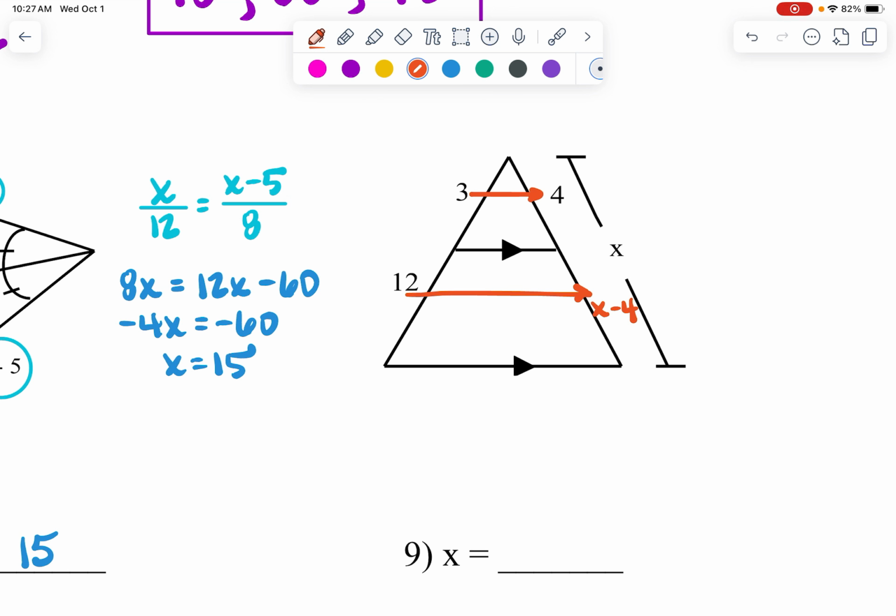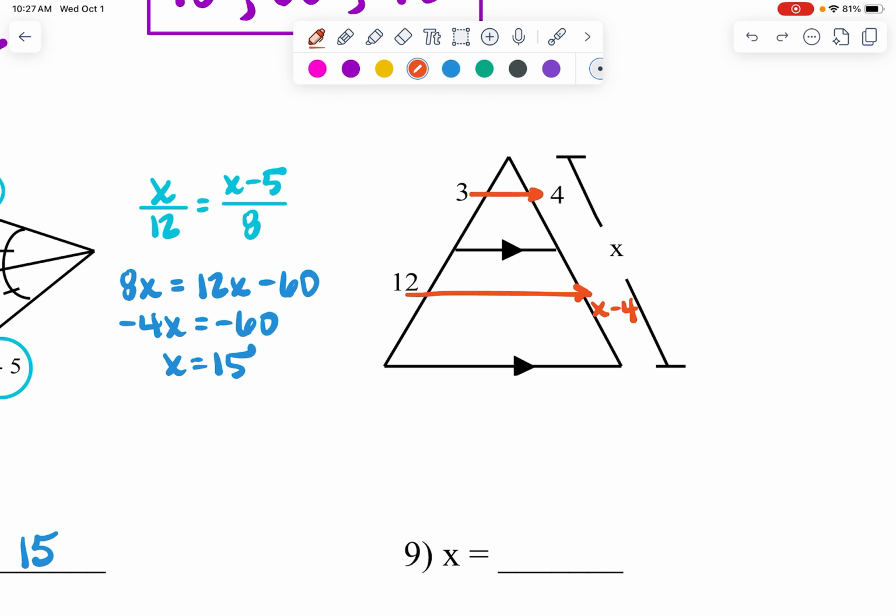Notice you're doing whole side to whole side and then partial to partial. That 12 is not the full side of a triangle. That's a partial side, and it's okay to use partial sides as long as you're using a partial side on the other one. So whole to whole, partial to partial, that's consistent and that's okay.